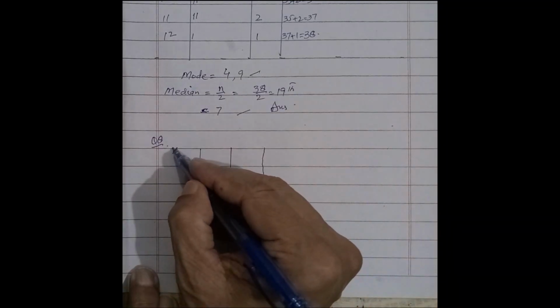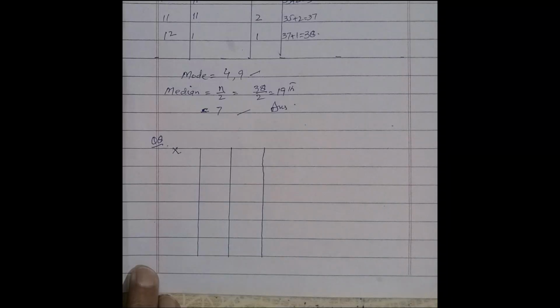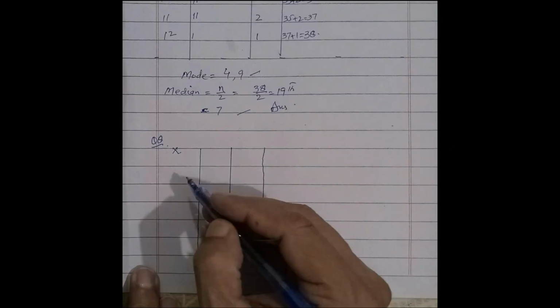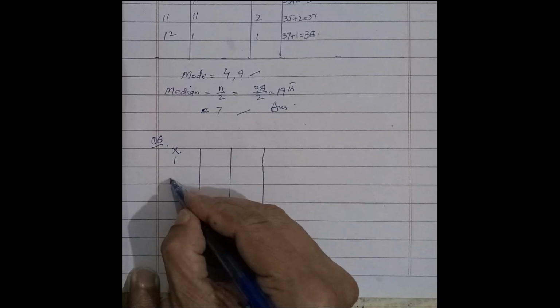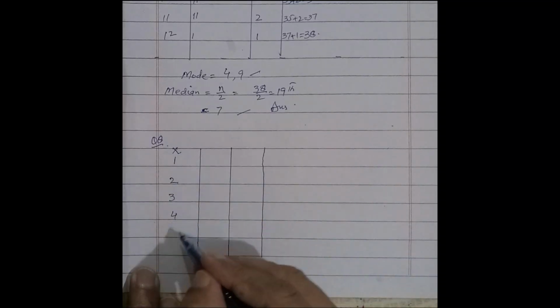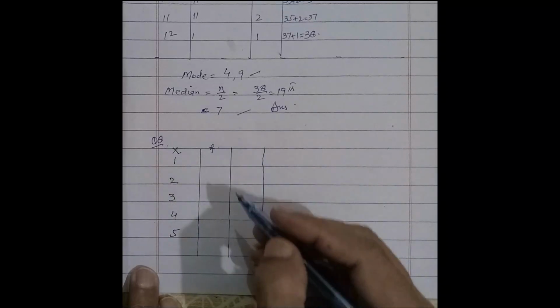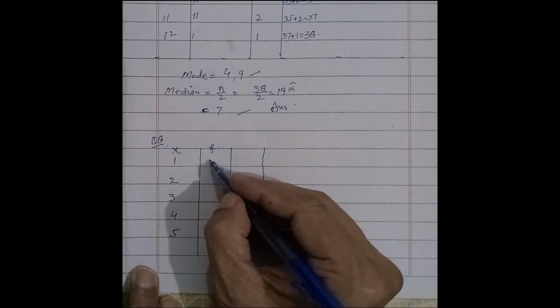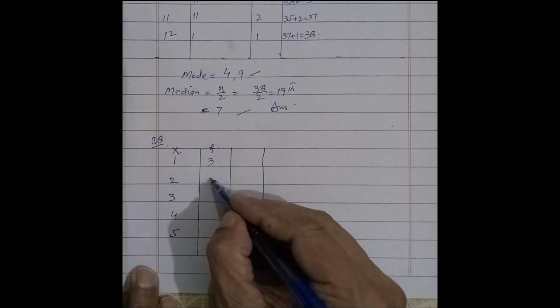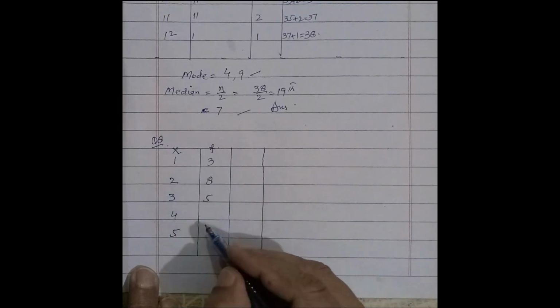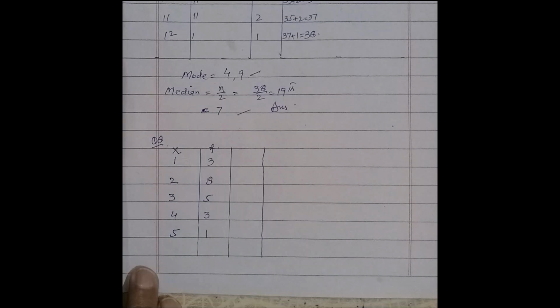Here x is the number of heads, which is 1, 2, 3, 4, 5, and the frequency of these heads when we toss the 5 coins is 3, 8, 5, 3 and 1.